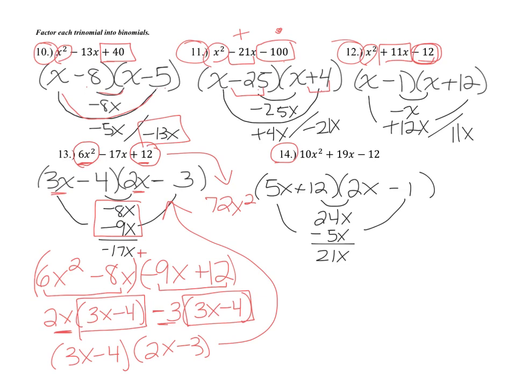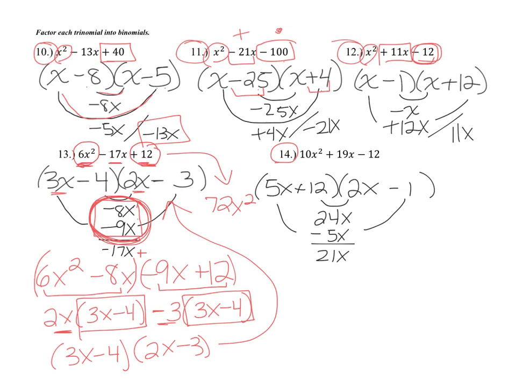So the rule is basically you can get the middle terms by trying to figure out what two things multiply to give me the first term times the last term, and add to give me the middle term.